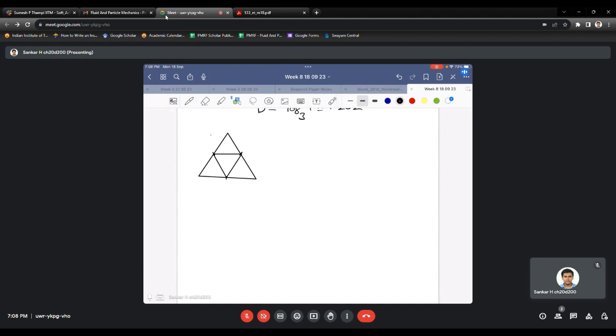Now if we use a scaling factor of 2, we'll get 4 pieces. But what if we remove the center part, whatever is shaded in black? Therefore, my scaling factor is 2 and the number of pieces I get is 3.